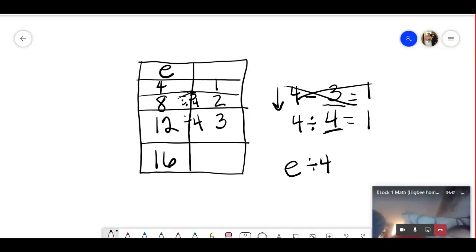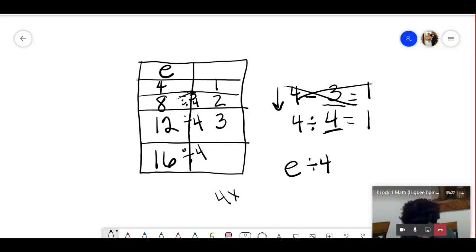Is 12 divided by 4 3? Yes, good. So that works. So now I need to figure out what 16 divided by 4 is. Think about it. 4 times what gives you 16? 4. Good. So the missing value there is 4.